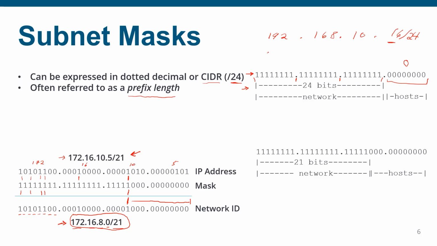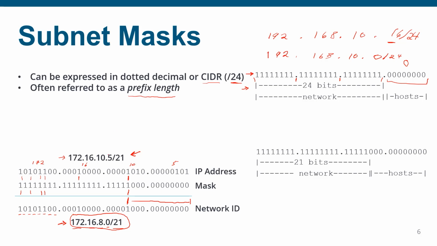So our network identifier would be 192.168.10.0/24. Right, so that's how we calculate the network ID of our IP address, of our subnet.